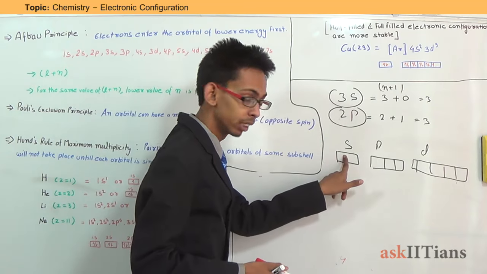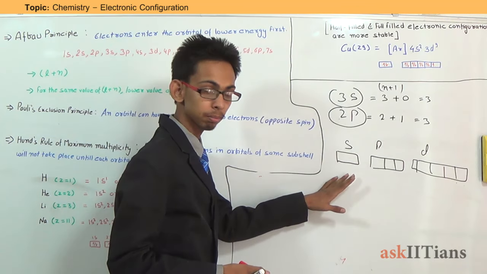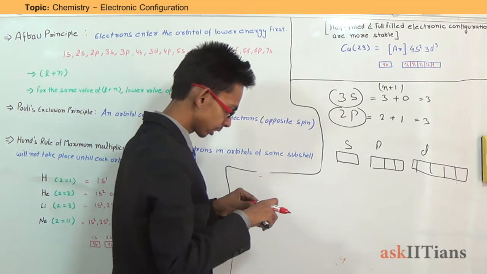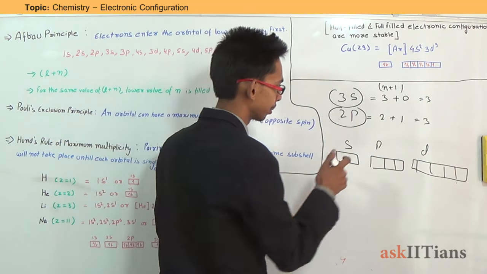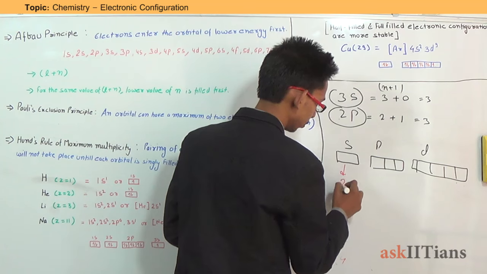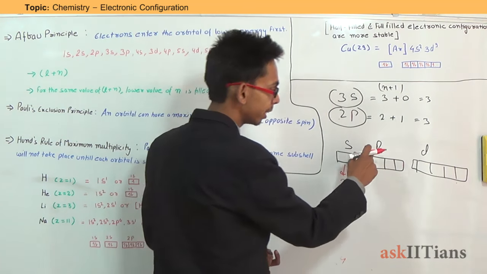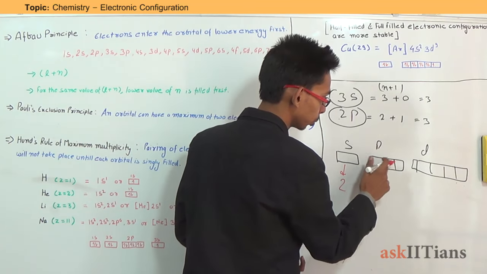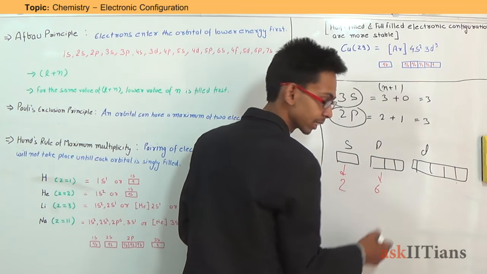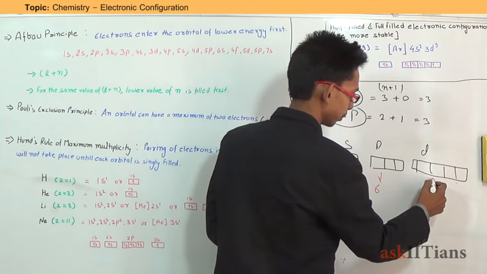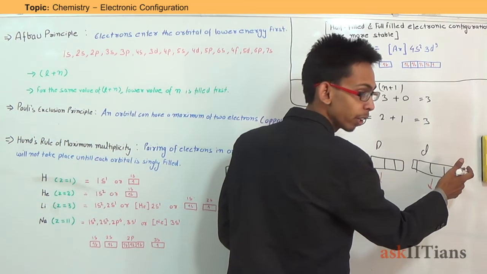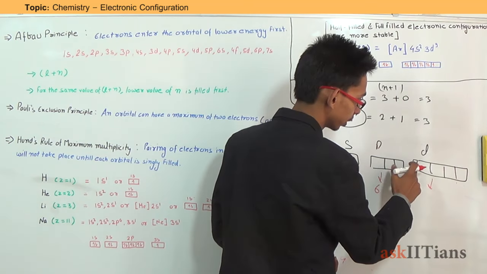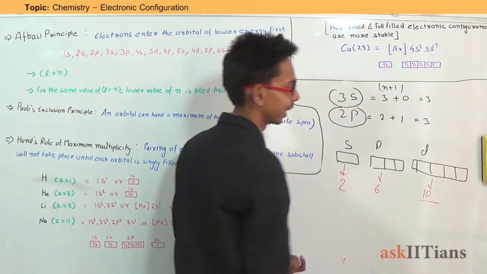That means the s subshell can have a maximum of 2 electrons because it has only 1 orbital. The p subshell has 3 orbitals, so it can have 6 electrons at max. Similarly, the d subshell has 5 orbitals, and since one orbital can have 2 electrons, it can have a maximum of 10 electrons.